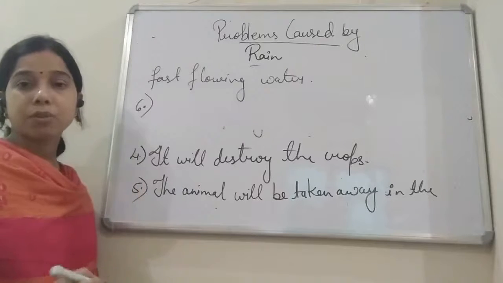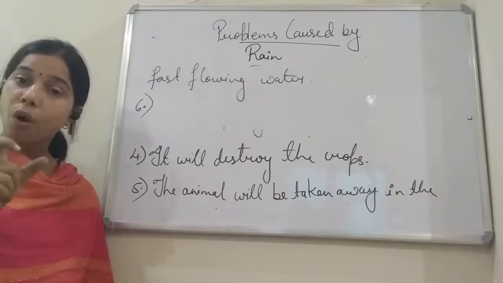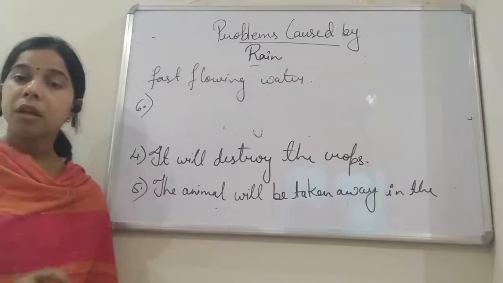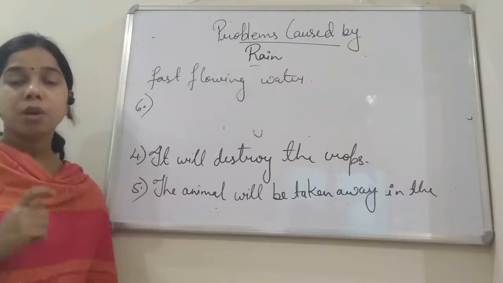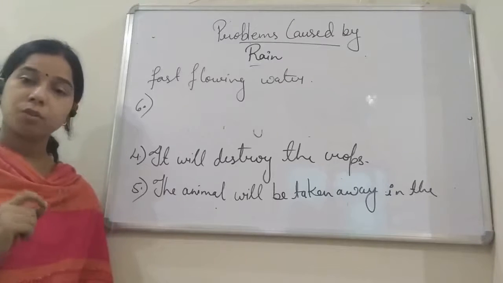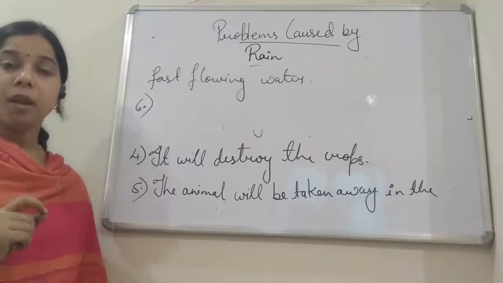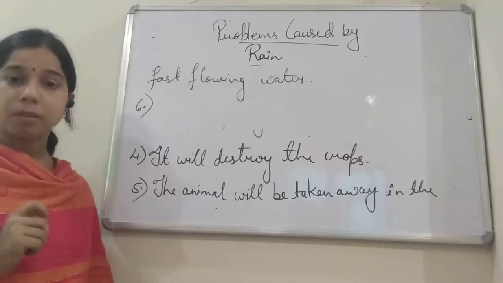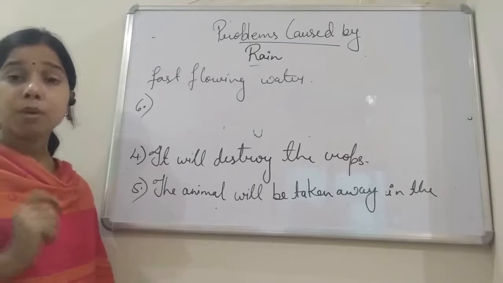Basically, what happens, students? The heavy rainfall will clog the pores present in the soil, and they used to respire through the pores present in the soil. Soil is porous. Porous means it consists of pores in it.